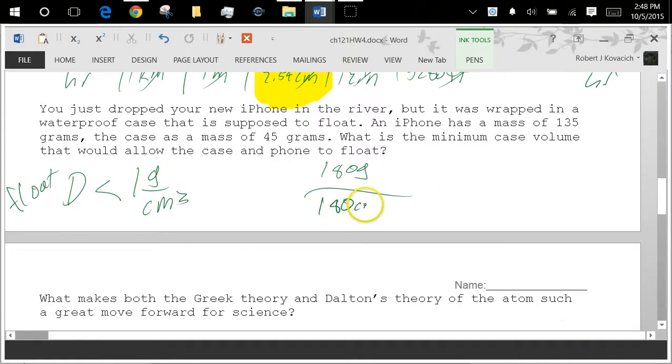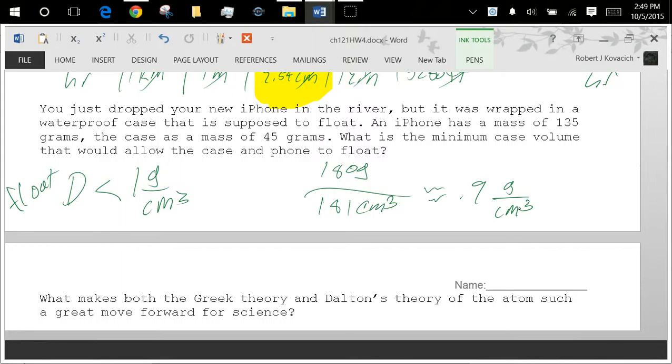If I put 181 grams per centimeter cubed, this thing would have like a 0.9-ish. Let's do that. And it would float, right? So any centimeter cube number that's larger than the gram number would allow this thing to float. And any centimeter cube number smaller than the gram number, this thing is gonna sink.